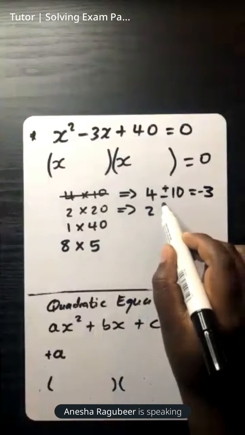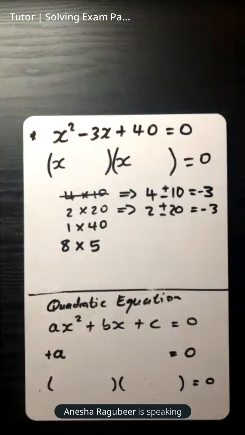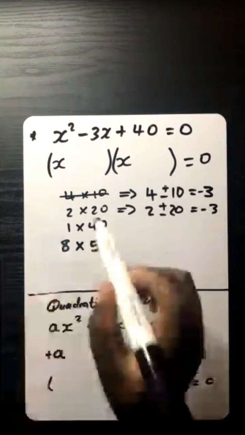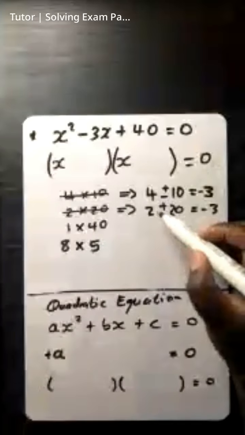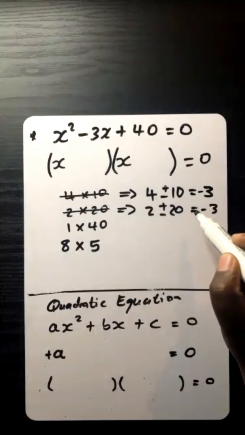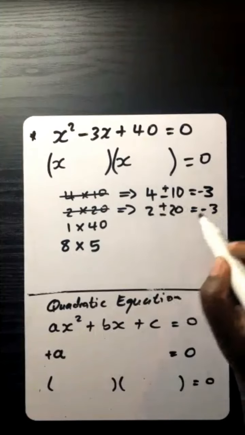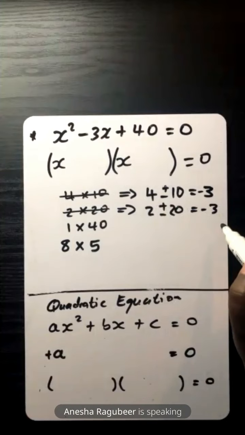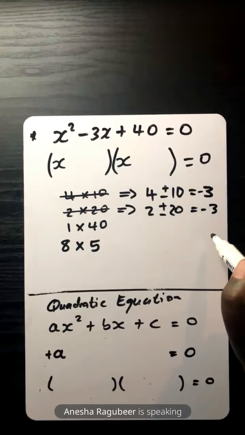Can you say 2, either you add or you subtract 20, and it gives you negative 3? No, sir. Then it fails. Sir, you can, because of the minus sign in front of the 3x. Wait. So you're saying 2 and 20. Can we work them out such that they give us negative 3? No, sir, it's wrong. It's a fail. It won't work, yes? Yes, sir.